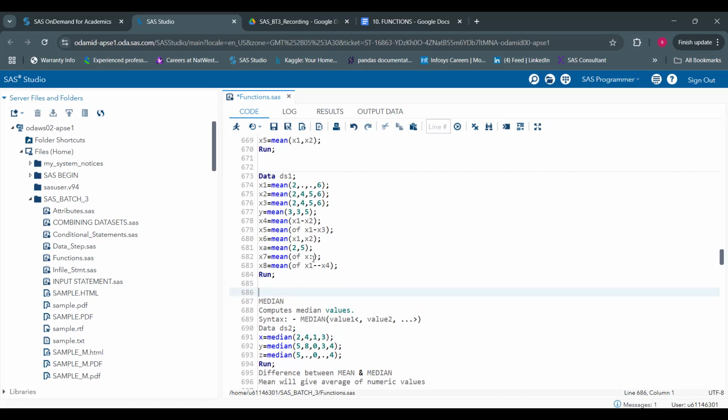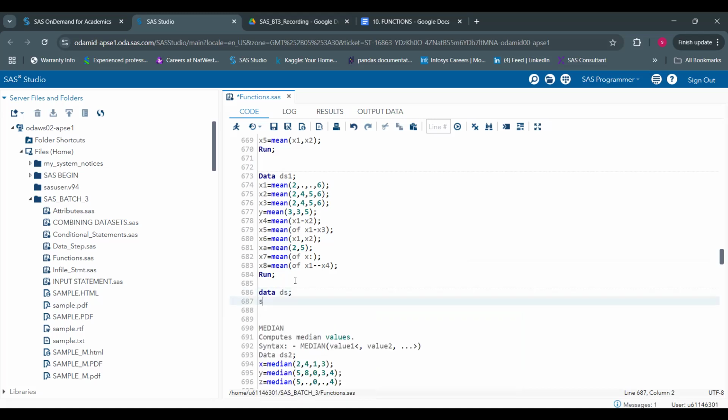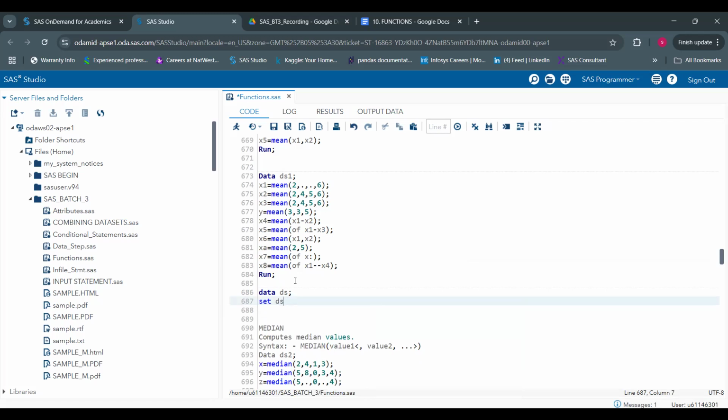So there is something called x colon. Remember we were dealing with data in this way: data ds, set ds1, run. Or else, whenever we have ds1, ds2, and ds3 in this way, we used to write set ds colon, or ds1 to ds10.